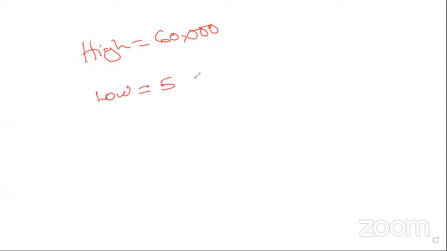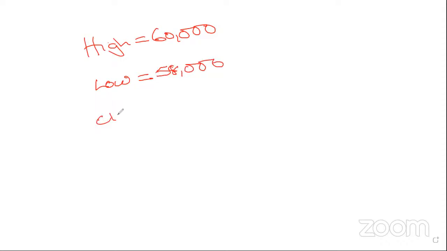The high of Bitcoin, let us say, was $60,000. Pay close attention. The low price of Bitcoin yesterday was $58,000. Let me start from this.